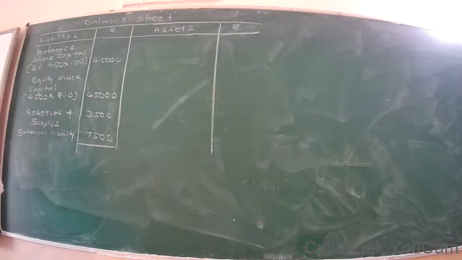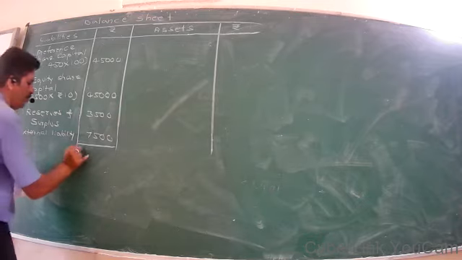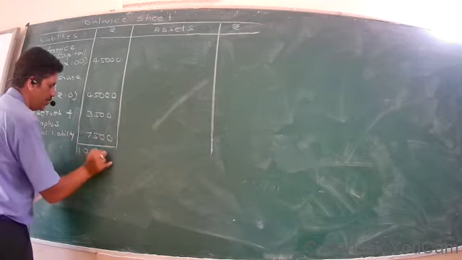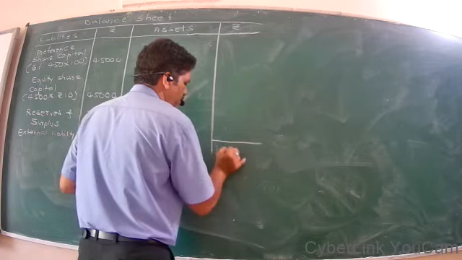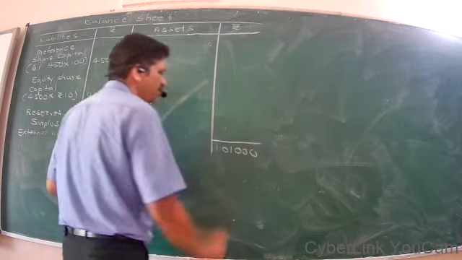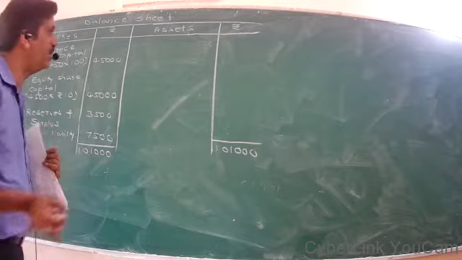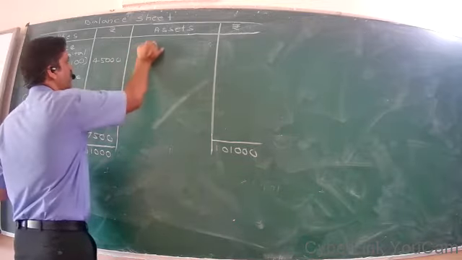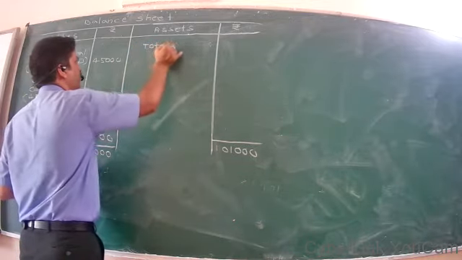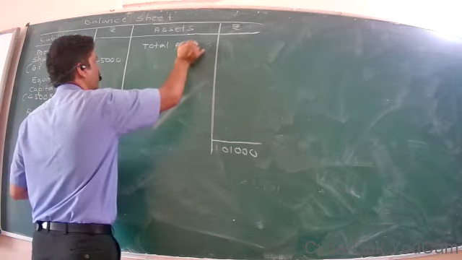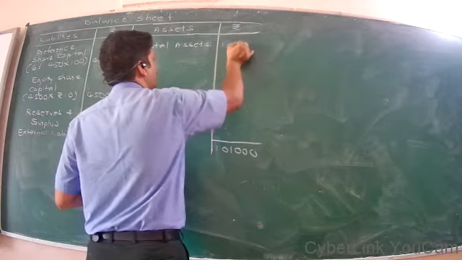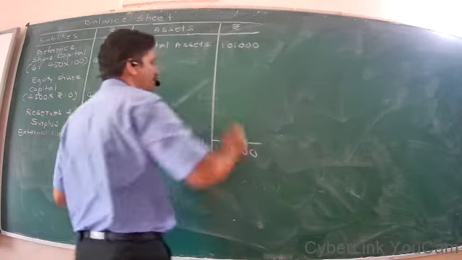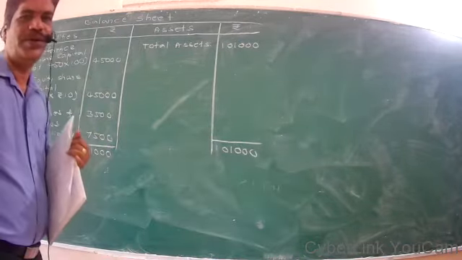So totaling up the liability side, it becomes 1 lakh 1,000. So obviously the balancing figure, the total assets, is 1 lakh 1,000.